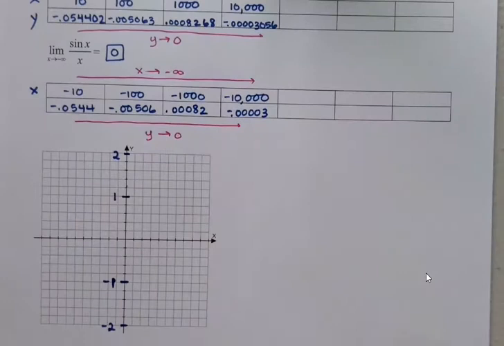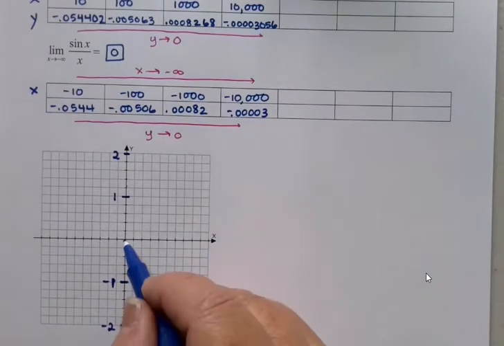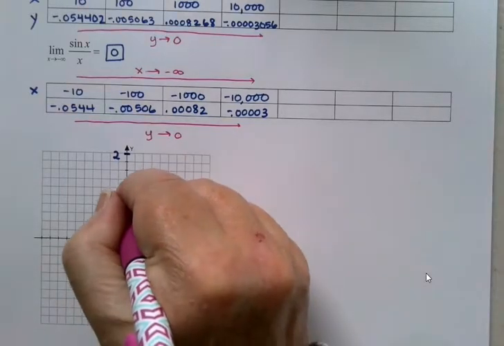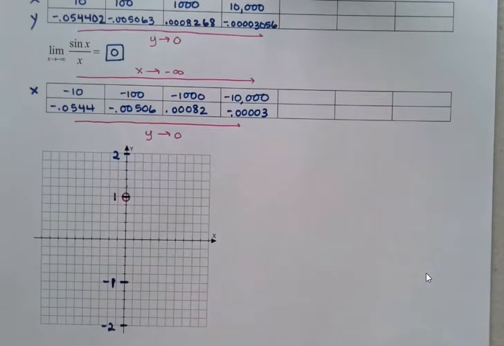I'm going to say that when x is 0, since the y value doesn't exist, I can't put an actual point on the graph, but it does have a limit of 1. So that tells me that there's going to be a hole in this graph at the point when x is 0 and y is trying to be 1, but really isn't quite.